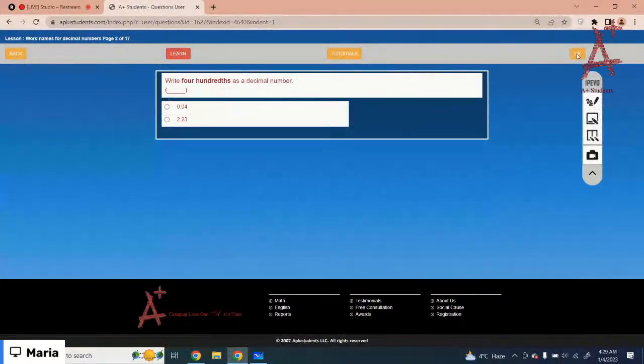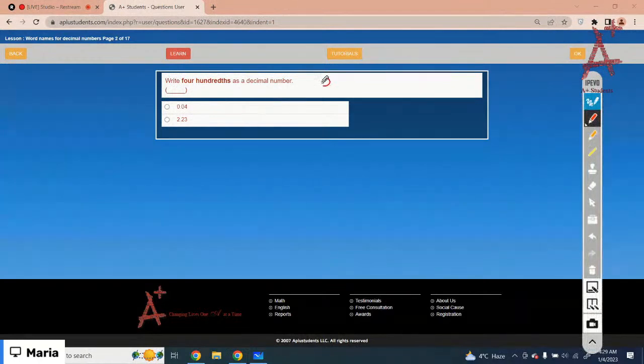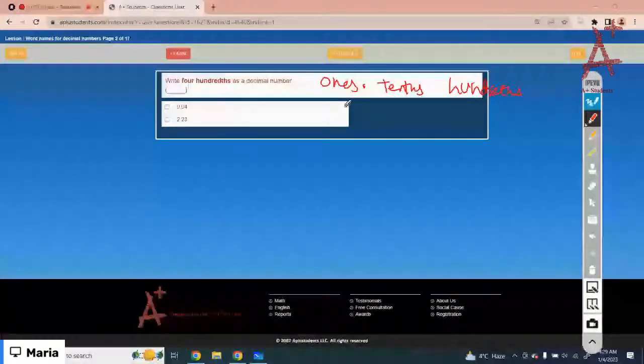Okay, write 4 hundredths as a decimal number. That means 4 is at the hundredths position. Got it? Just make a place value chart: ones, tenths, and hundredths. So it would be 0 and 4 is at the hundredths position.